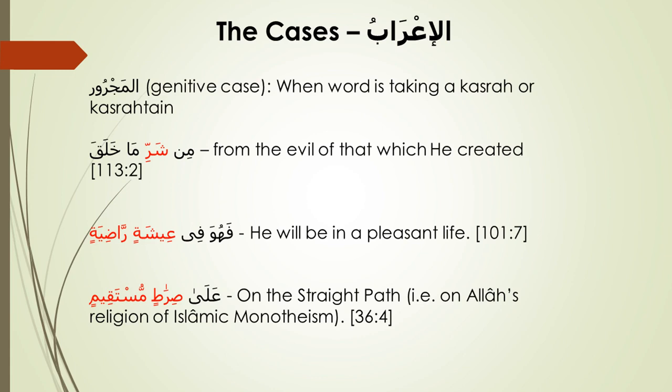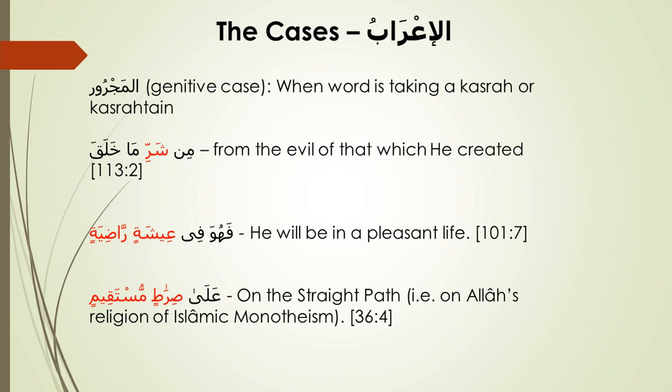Then we have فَهُوَ فِي عِيشَةٍ رَاضِيَةٍ. Both of these words are majroor in the state of jar. على صراط مستقيم, on a straight path. These words are all al-majroor.